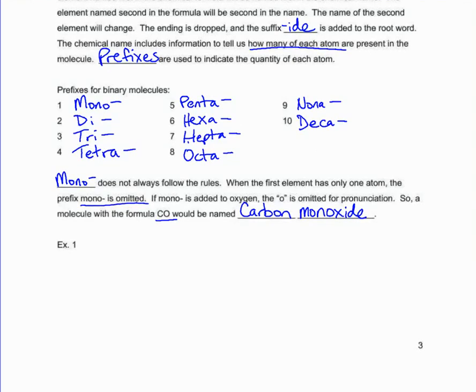So some examples of the naming system. We have CO2. So there's one carbon. We're going to leave off the mono. And we have two oxygens. 2 is represented by the prefix di, and then oxide.